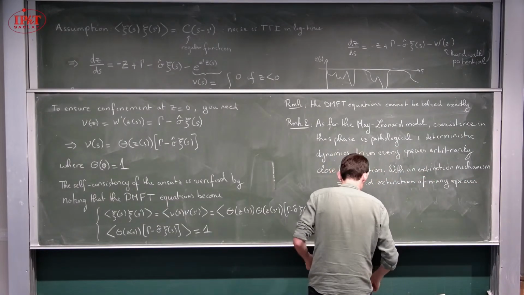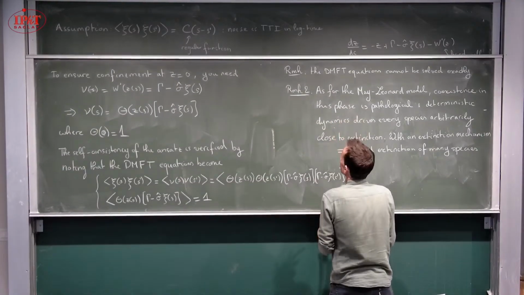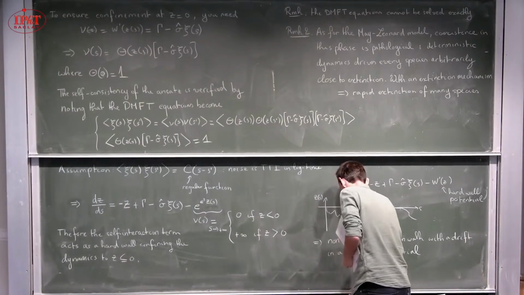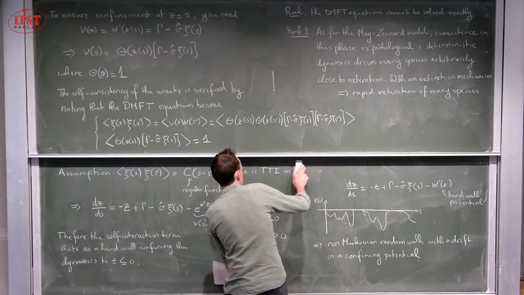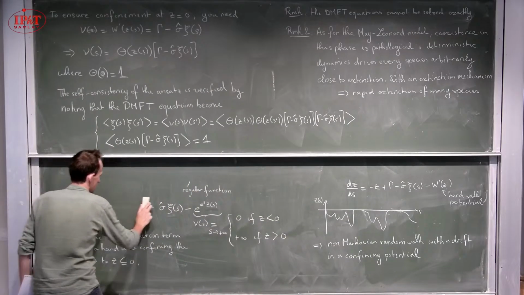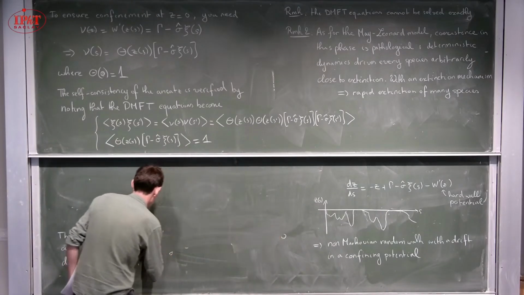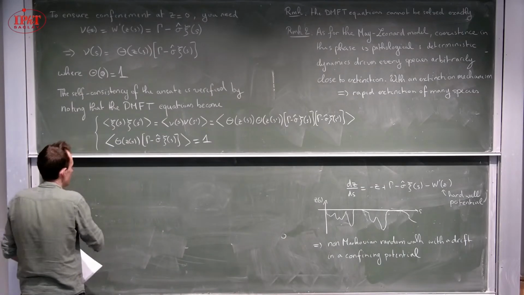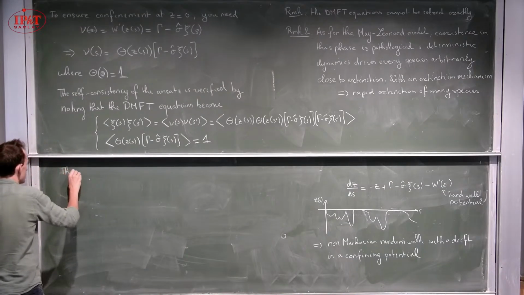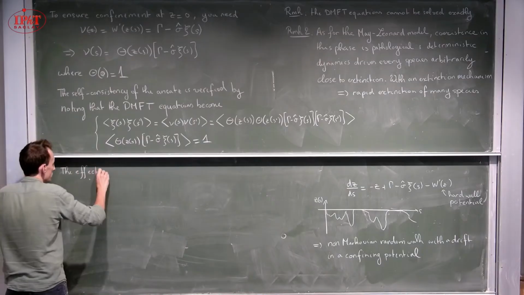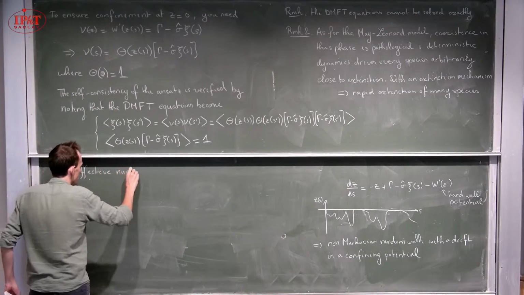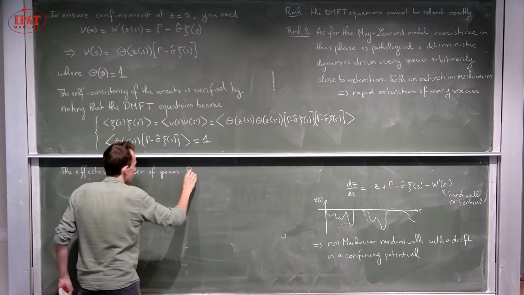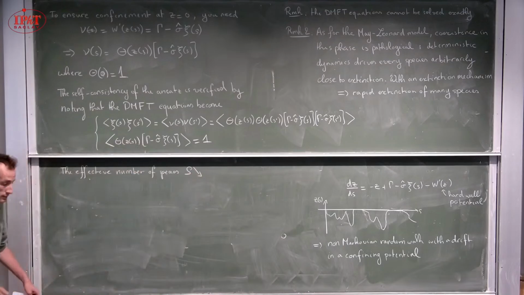And in fact, what's interesting is that to start having extinction, the effective number of species S goes down, right?